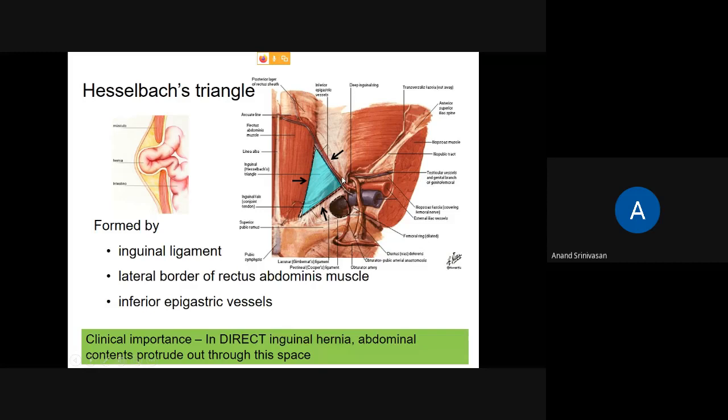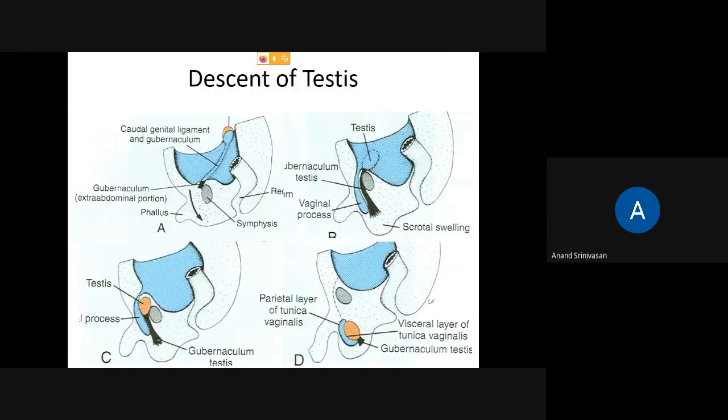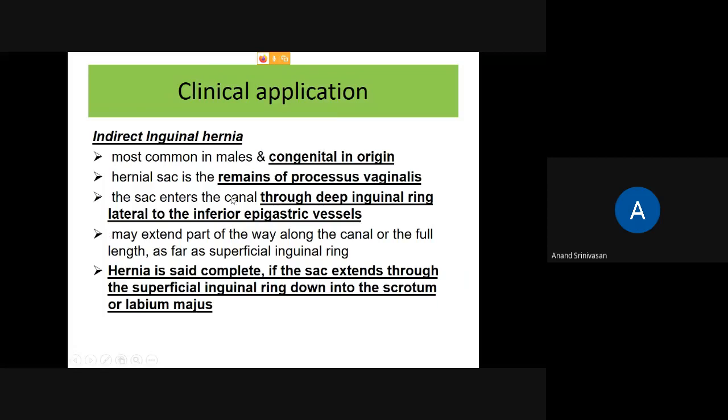If the hernial sac is lateral to the inferior epigastric artery, it is indirect, and if it is medial, it is direct.